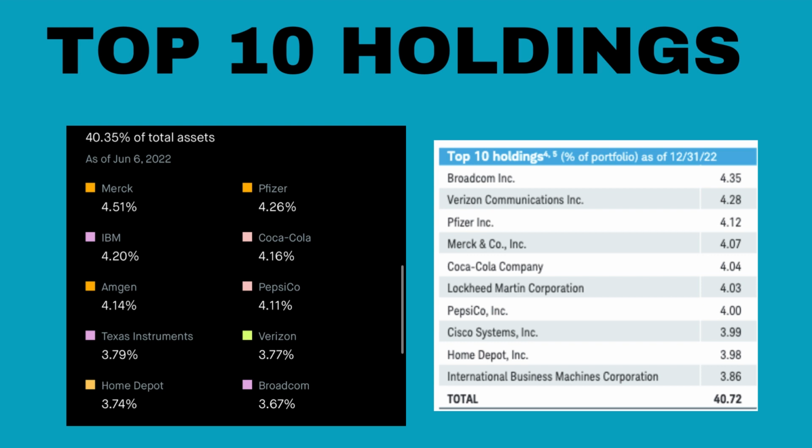Instead, it was replaced by, I believe, Lockheed Martin, from what I can see here, and another company which I can't really see. But you can see the holdings do change over time. Even though some remain the same, it's not always going to be the same holdings each quarter or each period. From time to time, they do switch out for various reasons.